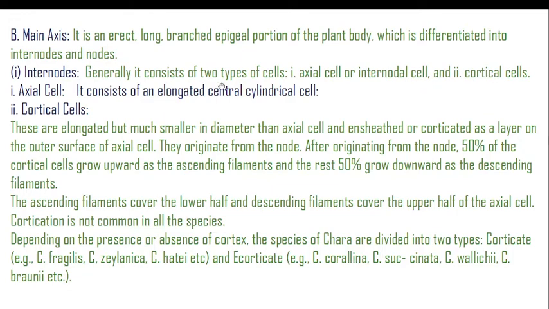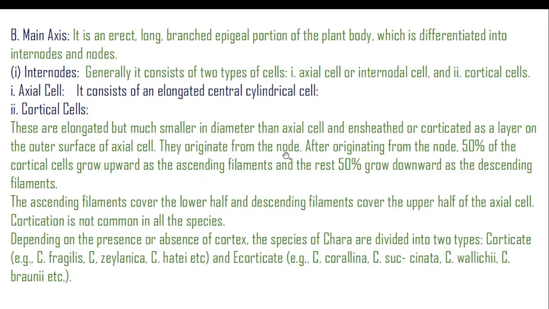The axial cell is an elongated central cylindrical cell, while the cortical cell is elongated but much smaller in diameter than the axial cell, and ensheathes or cortICATES as a layer on the outer surface of the axial cell.